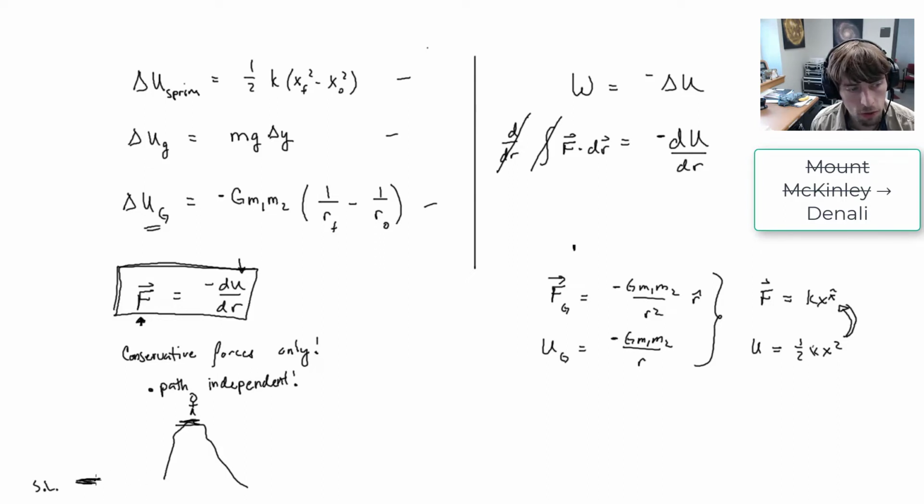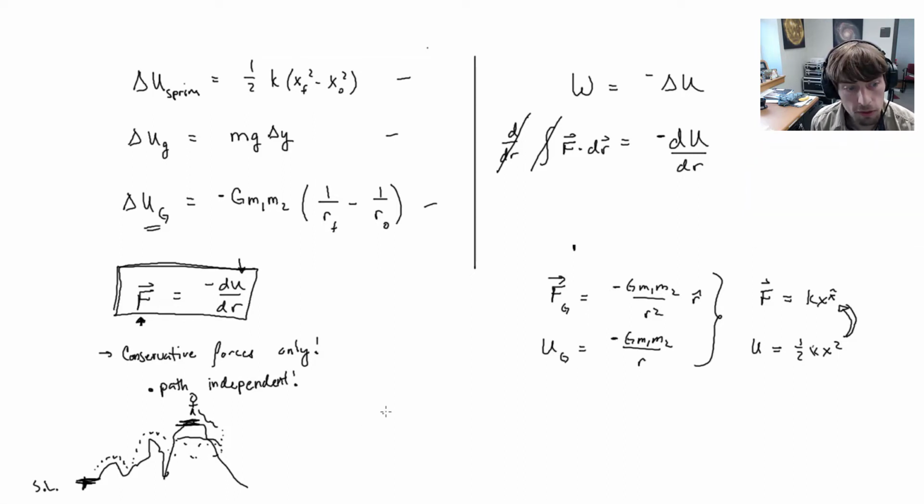It doesn't matter if you walked up some mountains in the interlude, went up some mountains and then came back down and went up more, or walked around Mount McKinley a couple times and then got to the top. All of that doesn't matter. The only thing that matters is the starting spot and the ending spot. That would be a conservative force. Same thing with the spring.